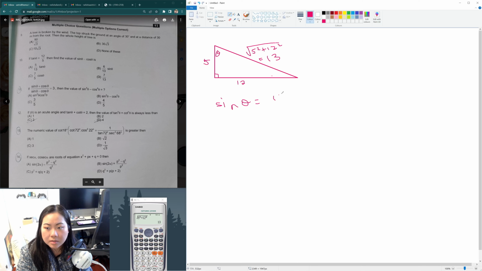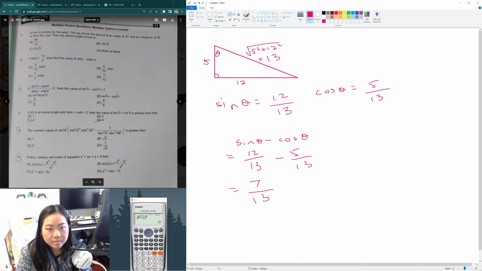So opposite over hypotenuse. Cos theta would be adjacent over hypotenuse. What's the question? Sine minus cos. So sine theta minus cos theta is going to equal 12 over 13 minus 5 over 13, which is 7/13.